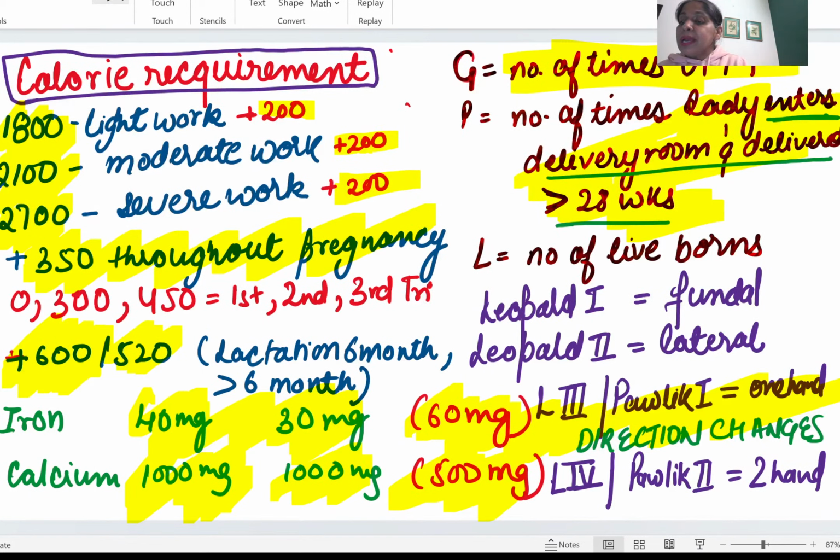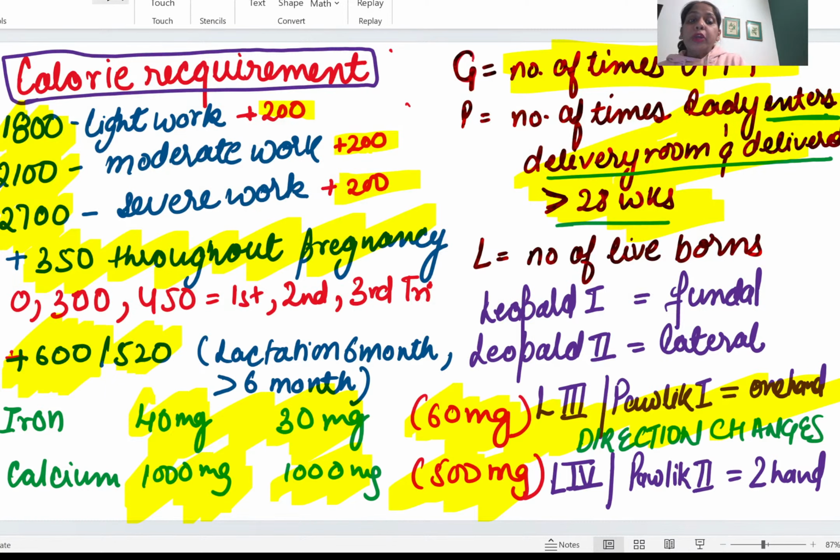So gravida is the number of times the UPT has come positive. Para is the number of times the lady has entered the delivery room and delivered a fetus of more than 28 weeks. And live is the number of live fetuses the lady has delivered.